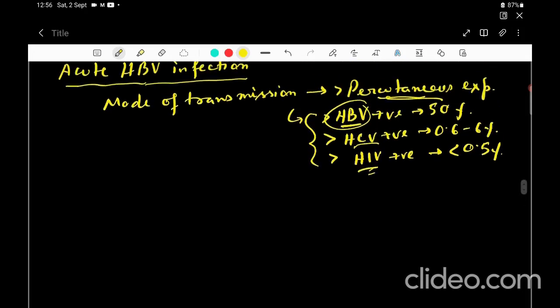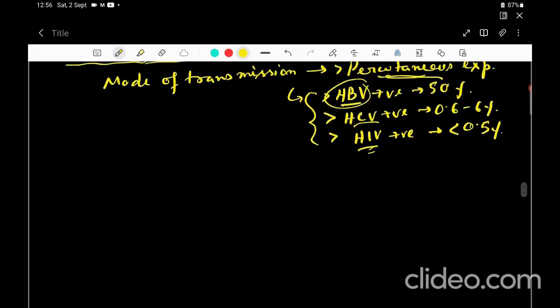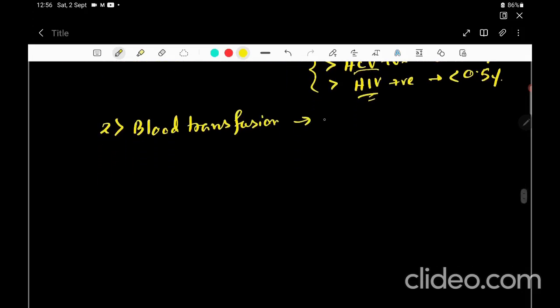Now in blood transfusion, transmission of HBV through blood transfusion can be, but in practical scenario, this is very rare. Around 1 in 200,000 cases.